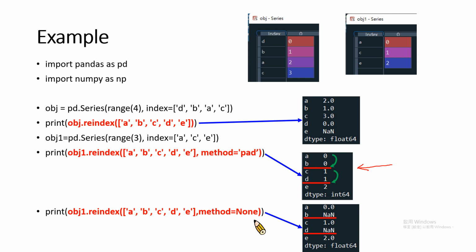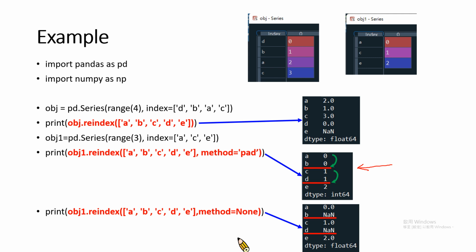It's a useful method if you don't want your series to contain NaN, and you need a mechanism to fill, to replace the NaN value.